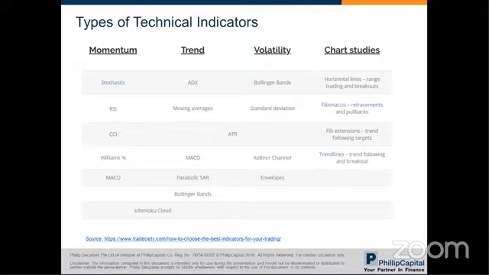For momentum, on the other hand, which is the strength of the price action itself, we can use the RSI, the relative strength index, or the stochastics, to track how strong the price action is.